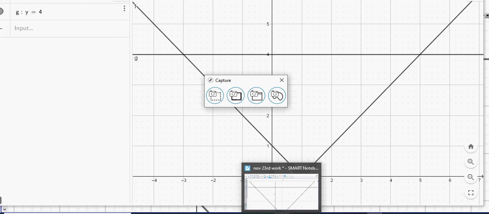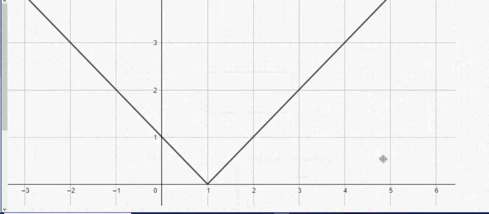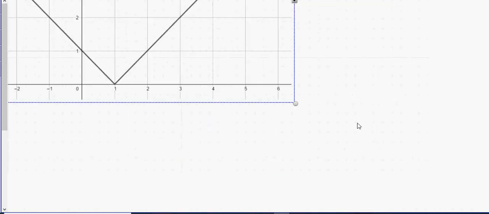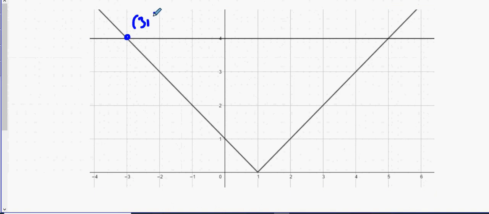Oh, sorry, 5, 4. Minus 3, 4, and 5, 4. Thank you. Okay, so that's your graph there. Minus 3, 4, and 5, 4 for the points of intersection.